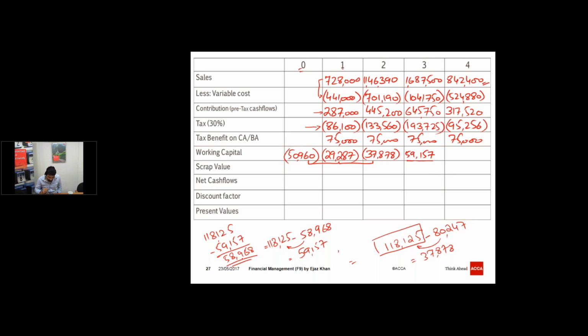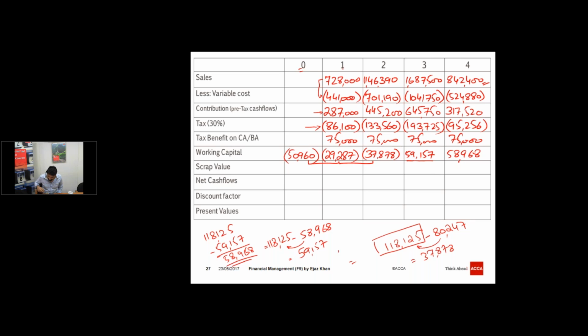And by the end of year four, we will recover this investment because the project will finish and we will not be having any requirement for working capital thereafter. So 58968 will be recovered after the end of year four.